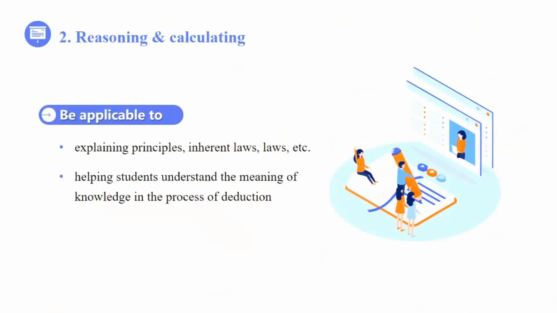The next example of a microcourse is reasoning and calculating. In many courses, we have to make students understand the principles, the inherent laws, and the meaning of the knowledge in the process of deduction.